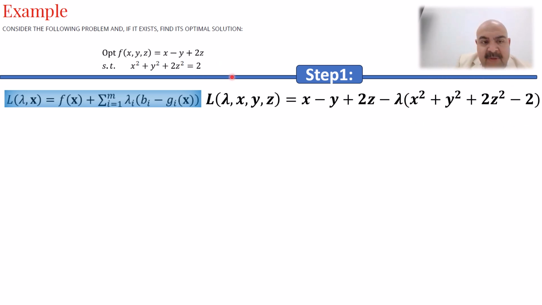I want you to remember, if I move x squared plus y squared plus 2z squared to the right side with a negative sign, then this sign is going to be positive. But if we move 2 beside x squared plus y squared plus 2z squared, then we will use this guy with a negative sign. Both of them work fine, so I want you to be aware of this step.